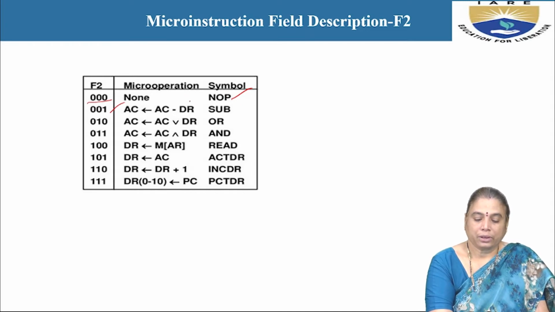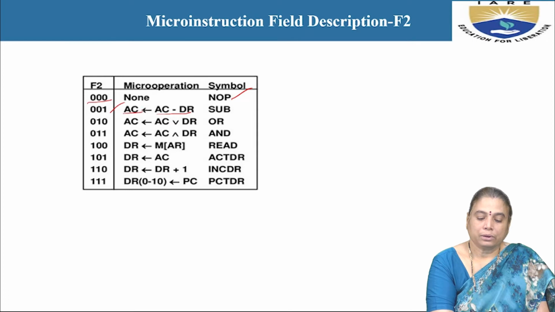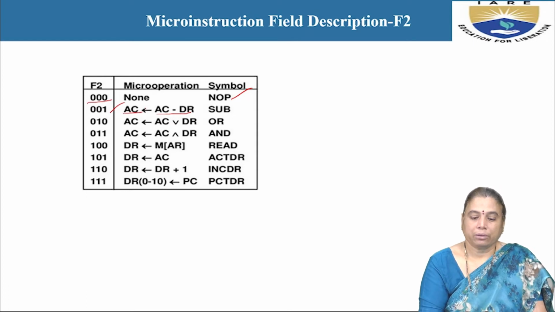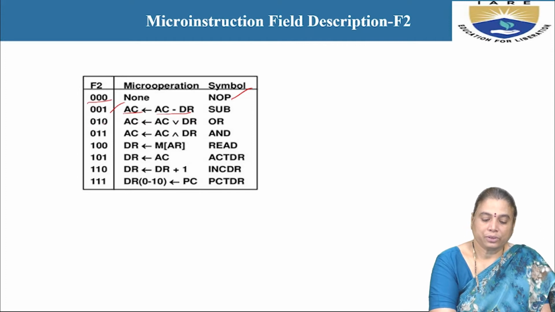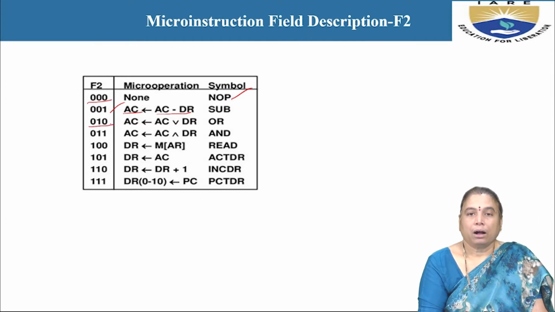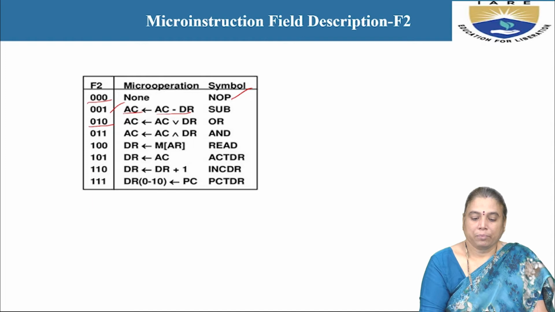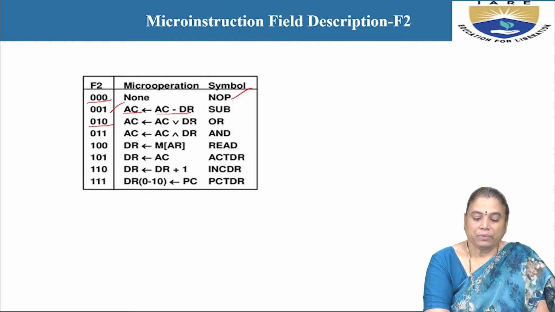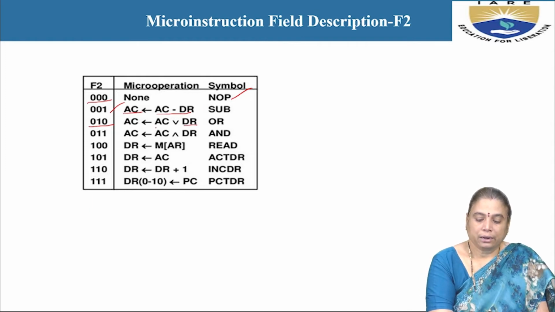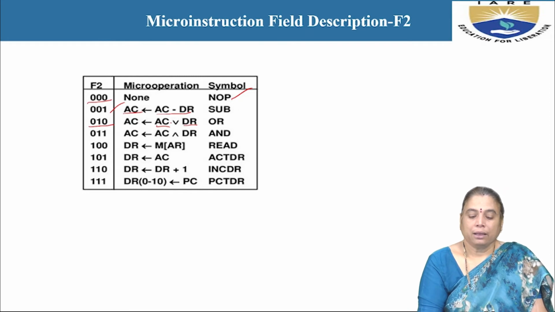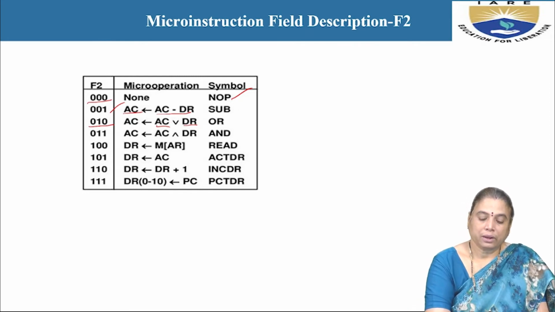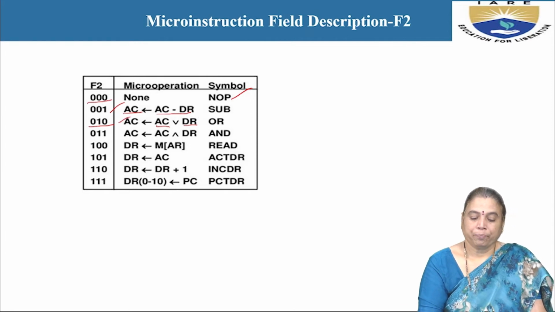The data register value is subtracted from the accumulator value and the result is saved in the accumulator. If F2 consists of 010, then the OR logical operation is performed between the data register content and the accumulator content, and the result is stored in the accumulator.